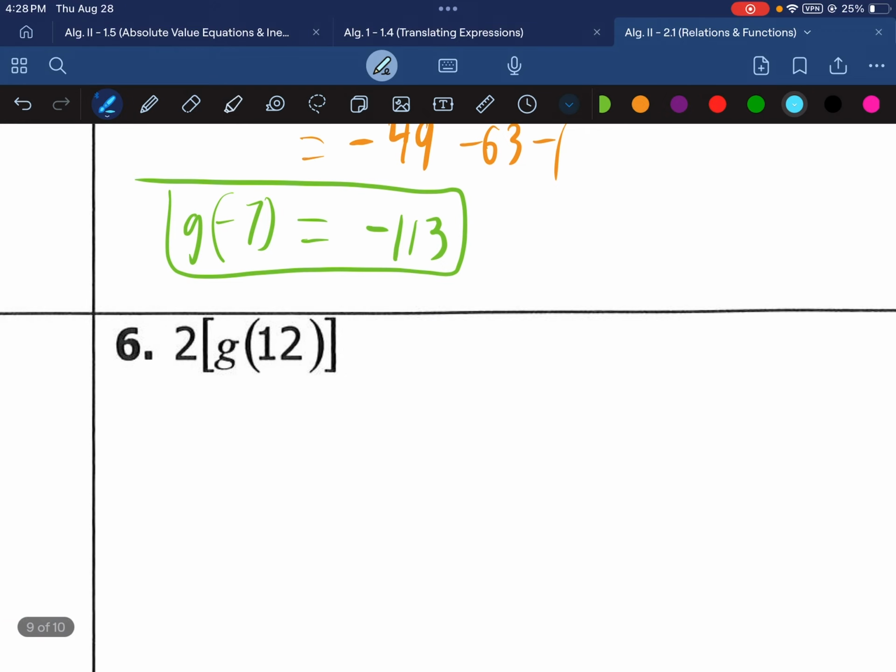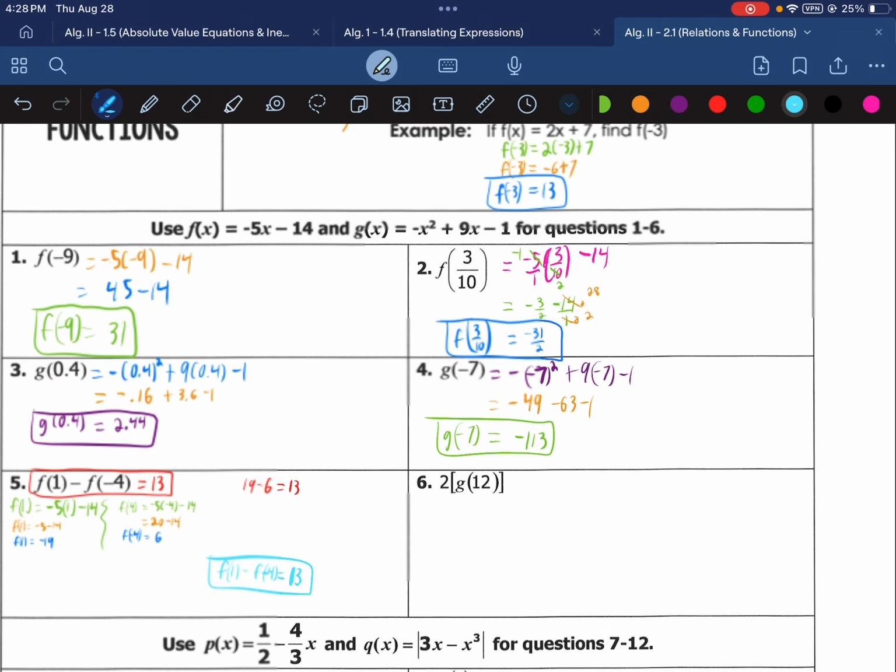Number 6, 2 times g of 12. So what this means is, just like anytime we have grouping symbols, we go inside out. So I'm going to plug 12 into g, and whatever I get after that, I will multiply by 2.